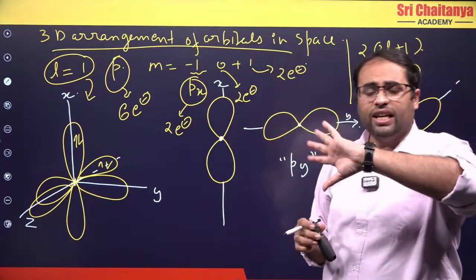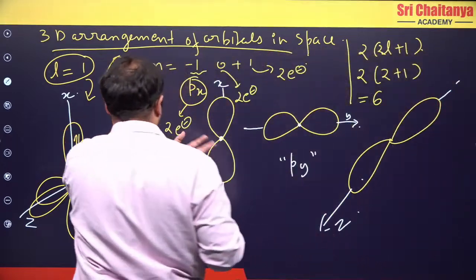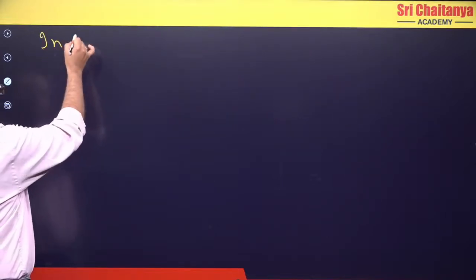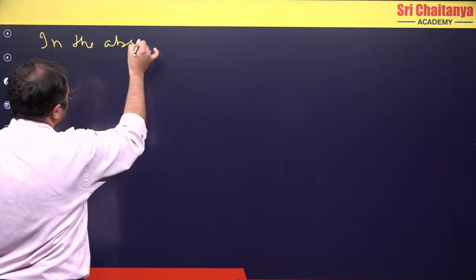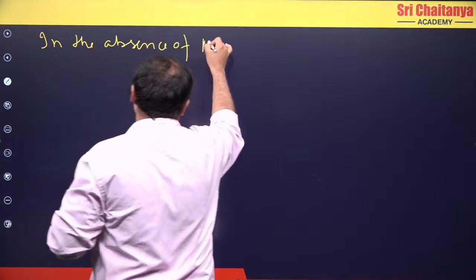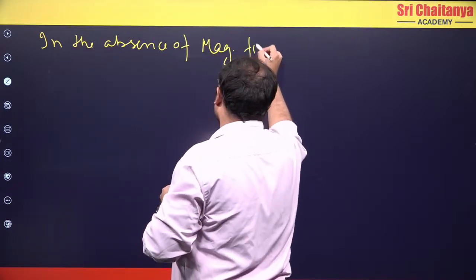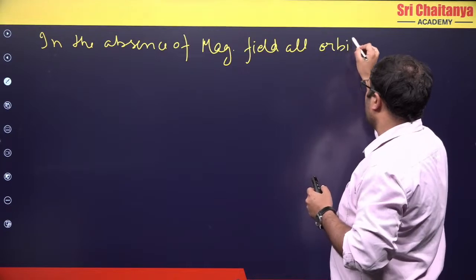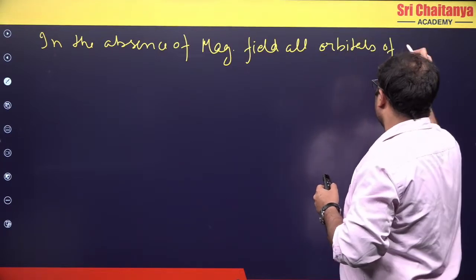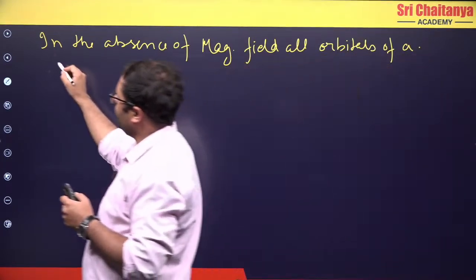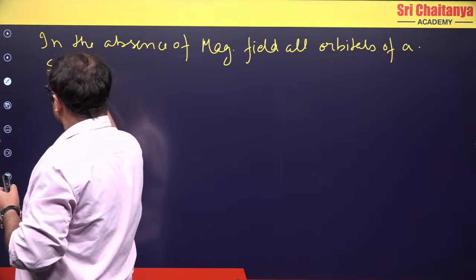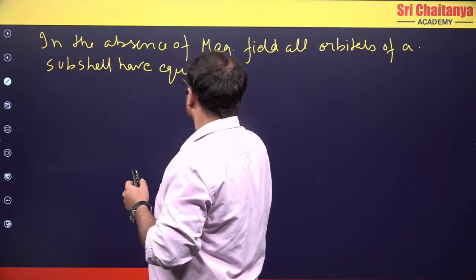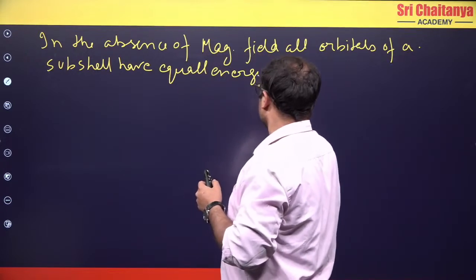So why is this 3-dimensional arrangement required? Well, I'll tell you. In the absence of a magnetic field, all orbitals of a subshell have equal energy.